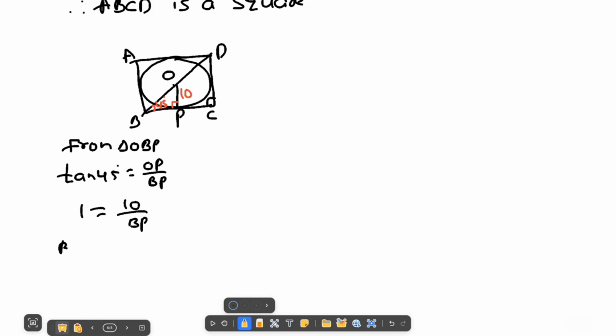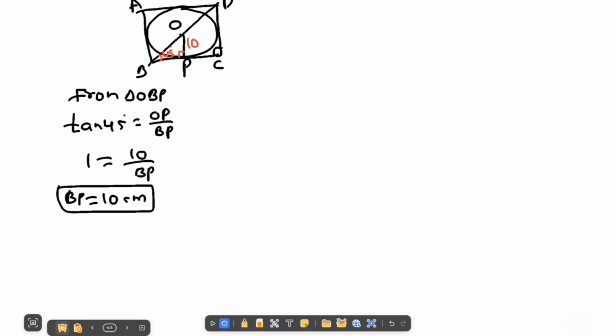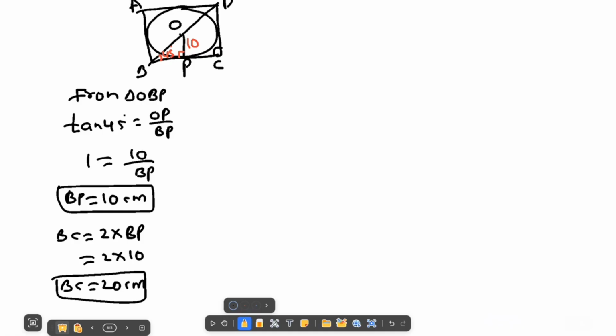So BP is 10 centimeters. If BP is 10 centimeters, then BP is half of BC, so BC equals 2 times BP, which is 20 centimeters. That means the side of the square is 20 centimeters.